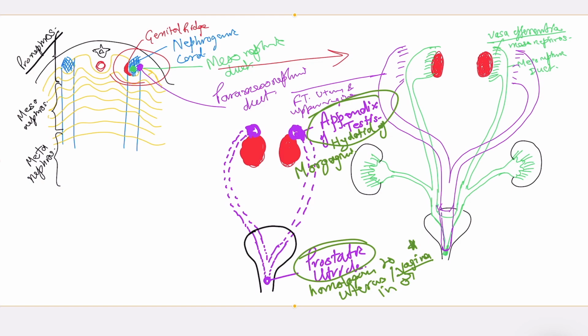In the lower thoracic and lumbar levels, this is called mesonephros, and the same nephrogenic cord, when it descends down into the pelvis, is called metanephros. Now this pronephros forms the kidney in human embryos in the very early weeks of development, and later on it descends down.